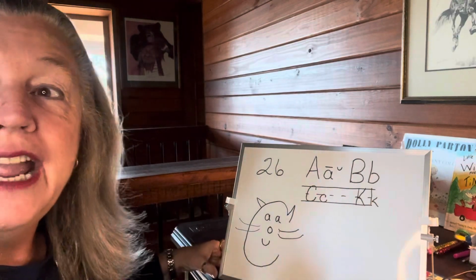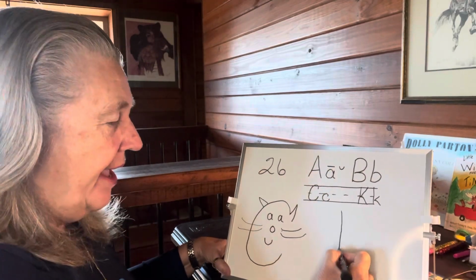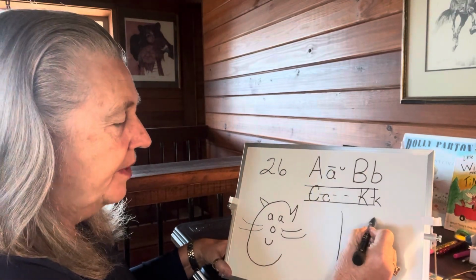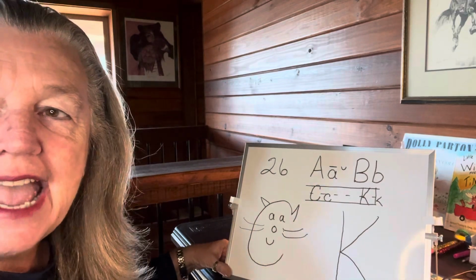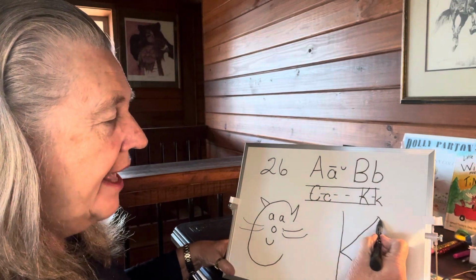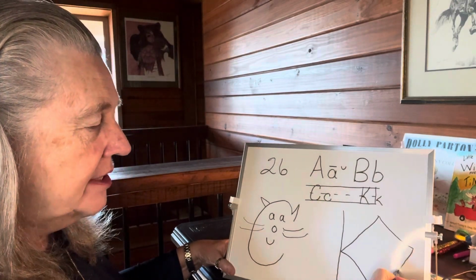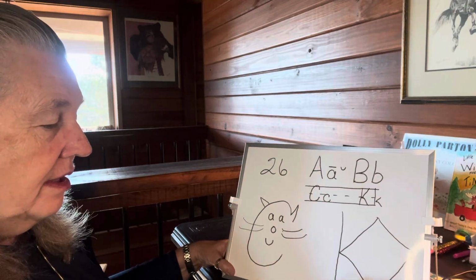If it's a K, here's our K. So you're going to make a big K right here, okay? Make a capital uppercase K. Now from that K, we're going to go ahead and we're going to make it come out and down. And we got to give it a little tail.